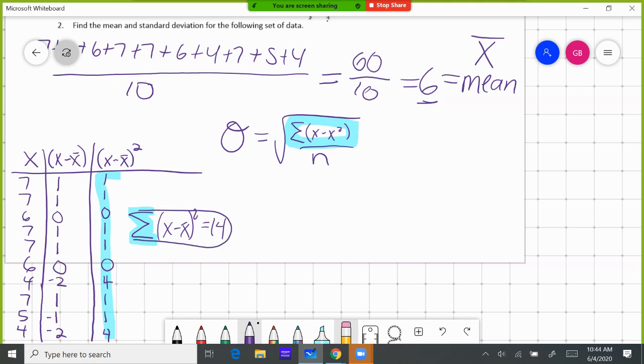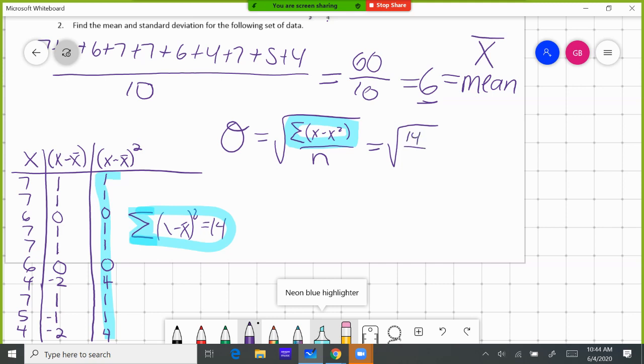Sorry. It's a little lag with my computer here. There it is. So I'm going to replace what I highlighted into the formula. There it is. So the square root of 14 over how many numbers we have.